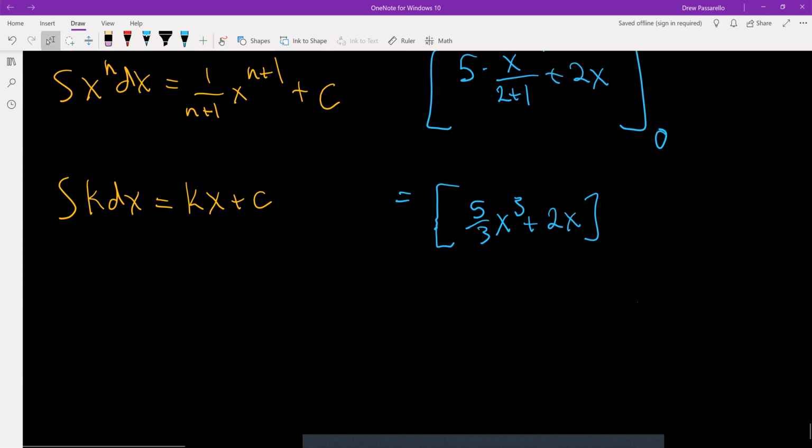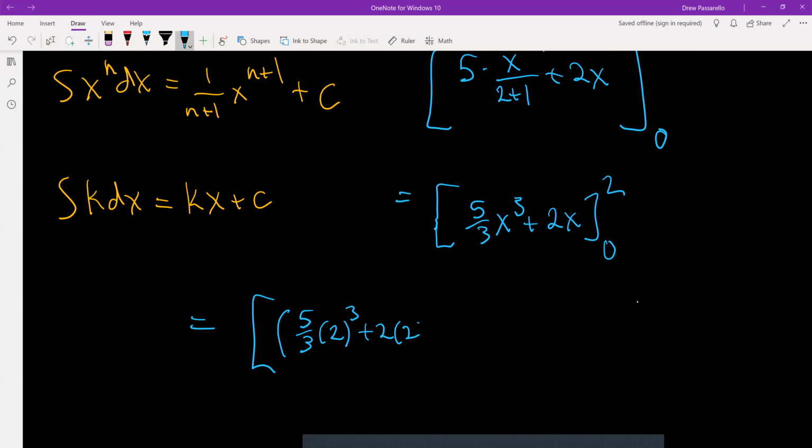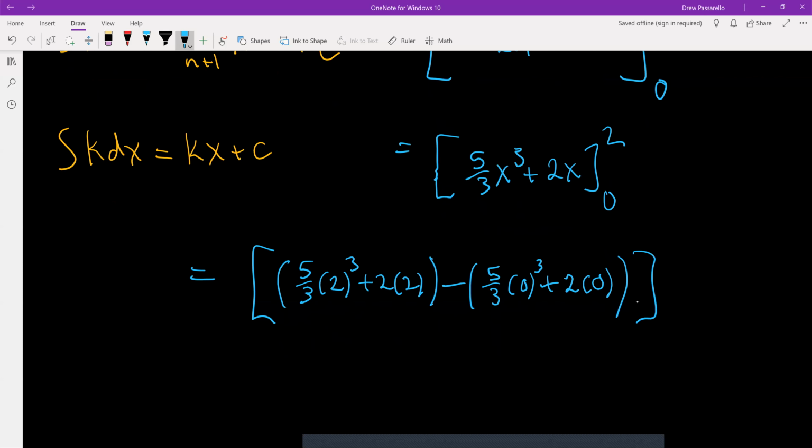So applying the fundamental theorem, our f of b is f of 2, plugging in 2, that's 5/3 times 2 cubed plus 2 times 2. And then minus f of 0, and that's just going to give you 0, because 0 cubed is 0, times 5/3 is 0, and then plus 2 times 0 is 0. That's the fundamental theorem.